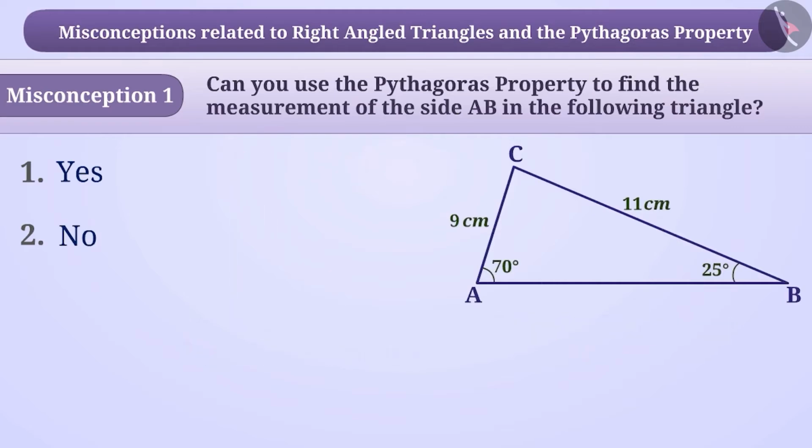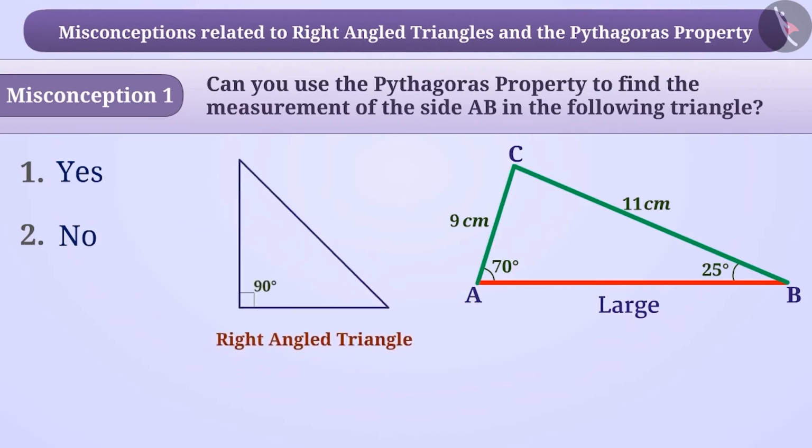They think that here, one side is greater than the remaining two sides, or sometimes it is not given in the question. But just by guessing, they consider that the triangle is a right-angled triangle. They think that Pythagoras property can be used in both these situations. But to this misconception, they give the answer as option 1, which is an incorrect answer.